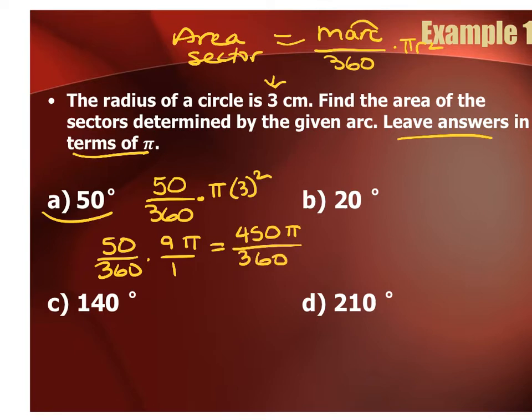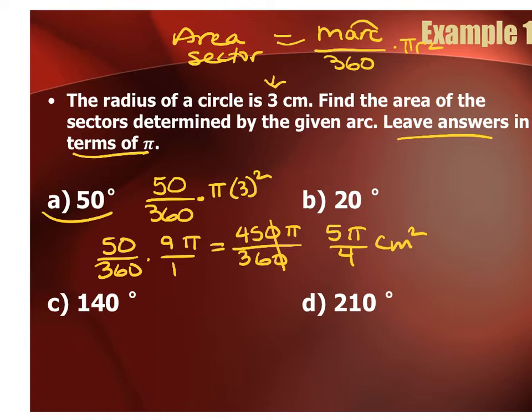Now simplify that fraction, which I find is harder because you're going to make more careless mistakes by multiplying those big numbers and then having to reduce. But you can do it this way. So again, I'm going to divide them both by 10, which cuts off the zeros. Then I can divide 45 and 36 both by 9, and then get 5 pi over 4 centimeters squared.